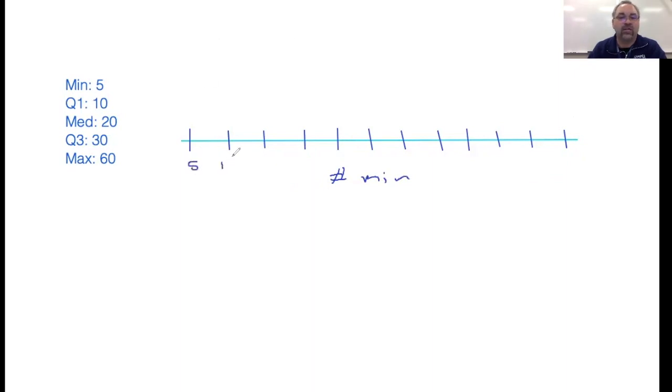Okay, this is 5, 10, 15, 20, 25, 30, 35, 40, 45, 50, 55, 60. And I've got a dot here at 5, dot here at 10, dot here at 20, dot here at 30, and a dot out here at 60. And the box is made by connecting up the 2 quartiles.